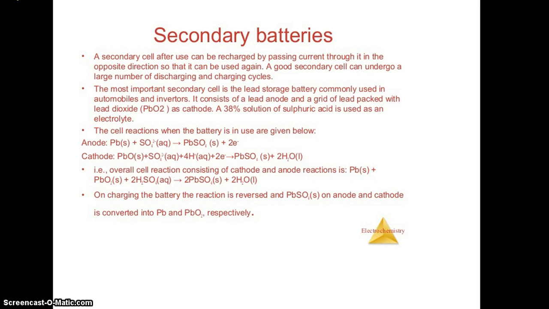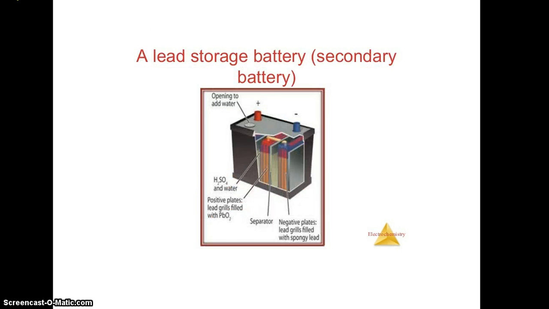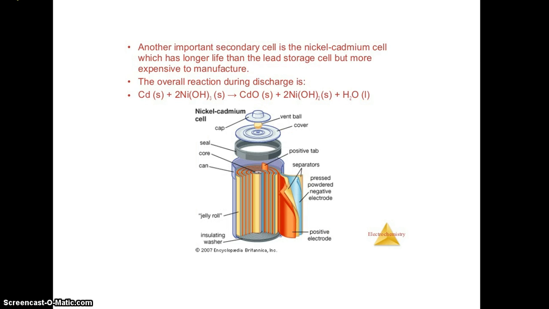Lead sulfate battery: in the lead storage battery, lead acts as anode and the cathode is lead oxide. Lead storage battery is an example of a secondary battery. It's mainly used in inverters as well as in automobiles. Another battery is the nickel cadmium cell.